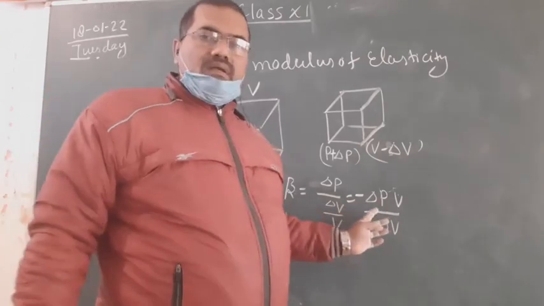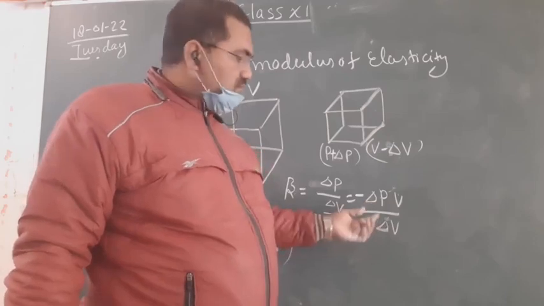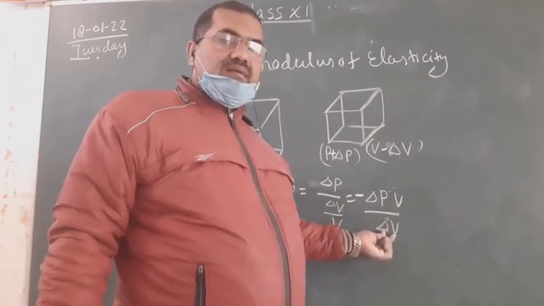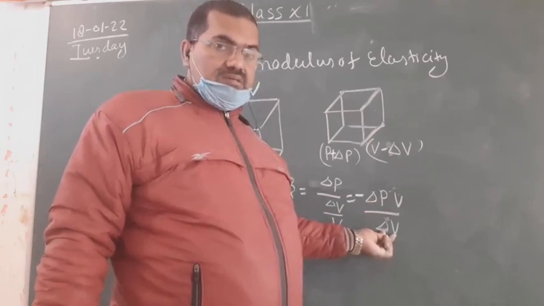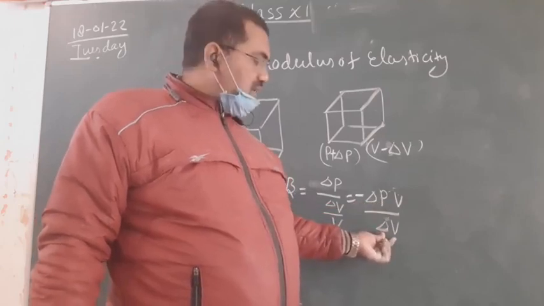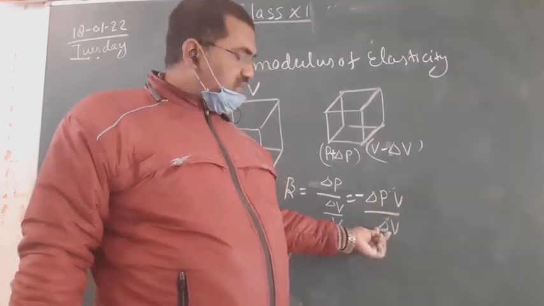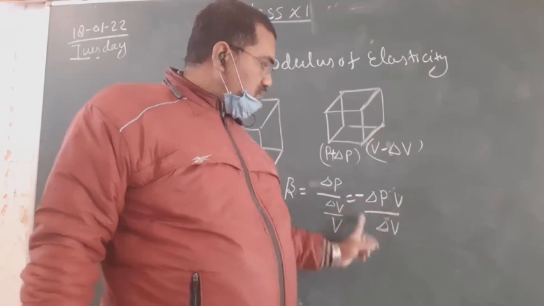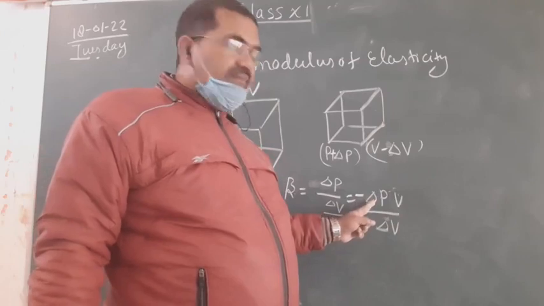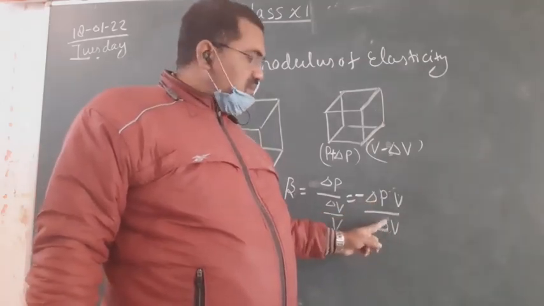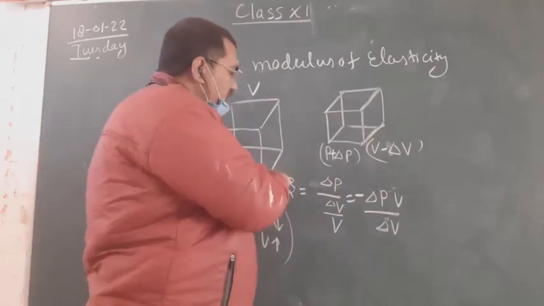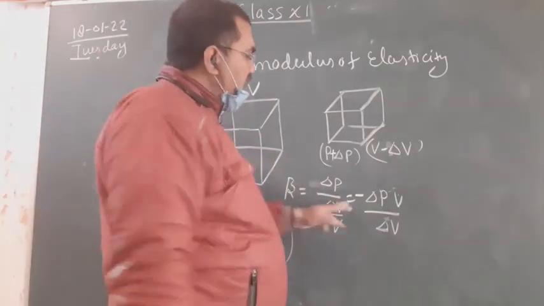If pressure increases, delta P is positive and delta V will be negative because volume decreases. So negative, overall positive. If pressure decreases, delta P is negative and delta V positive. Still, the whole quantity is positive. So to keep beta positive, you should put a minus sign on the right side.